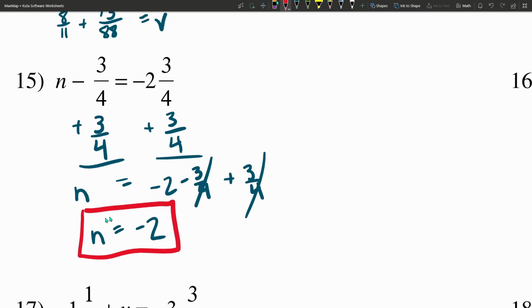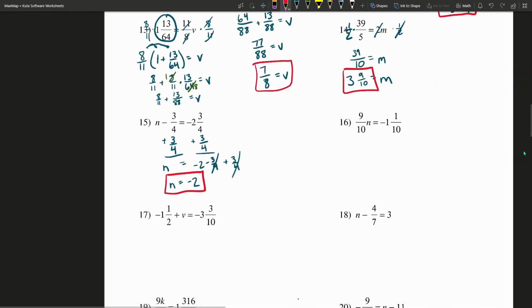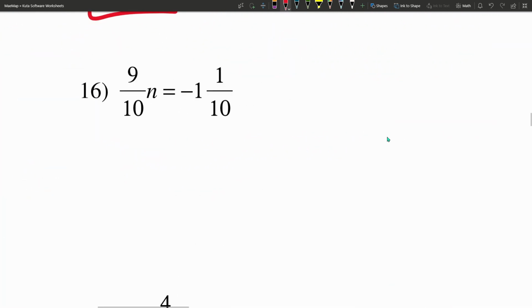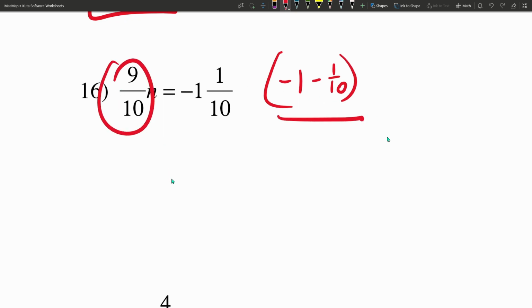That's really nice when numbers just work out like that. Let's move on to number 16. In number 16, 9/10 n equals negative 1 1/10. Now we can do the same thing where we split this up as negative 1 minus 1/10. Make sure to keep it in parentheses because we need to multiply.